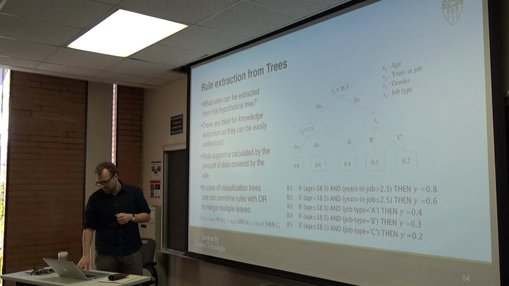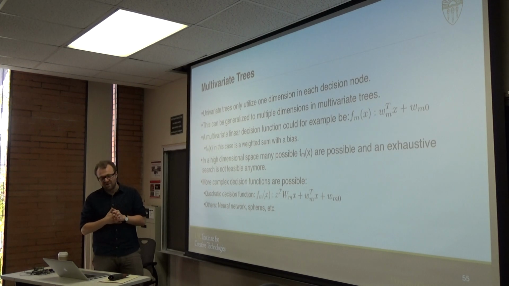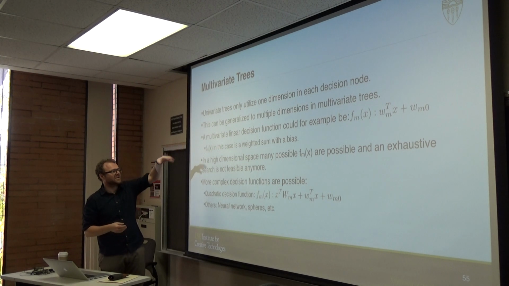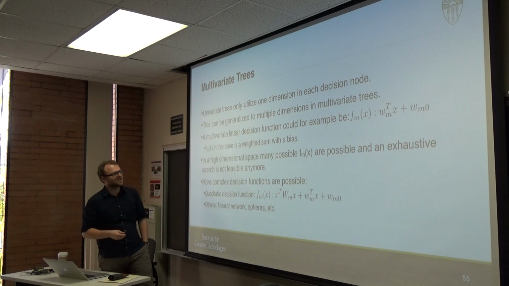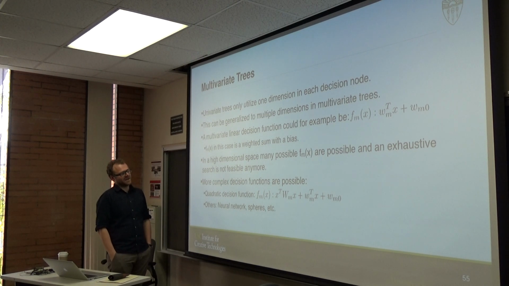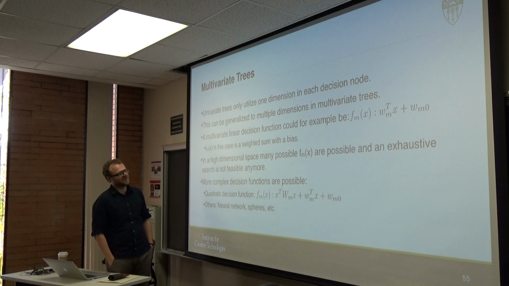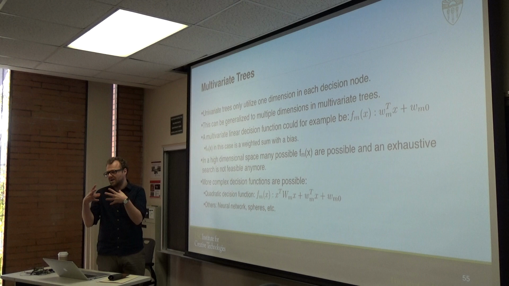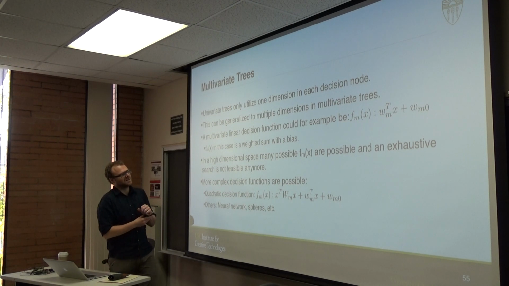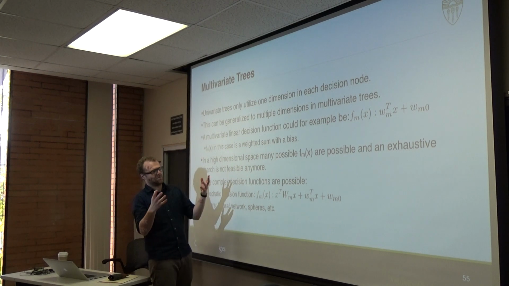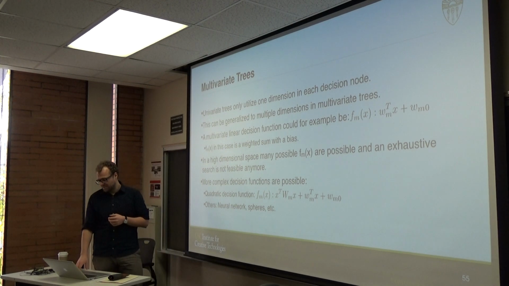Okay, and then again, if you have multivariate trees, you could use different kinds of functions. So for example, you can make linear decision functions, you can make quadratic decision functions, etc. You can even have neural networks or spheres, and you can have a whole hypothesis space in each of those decision nodes, and basically come up with more and more complex solutions.